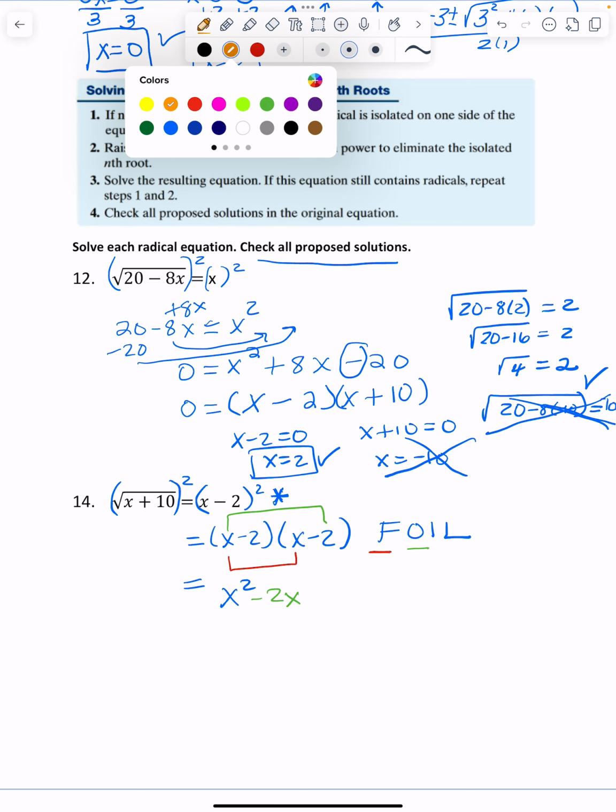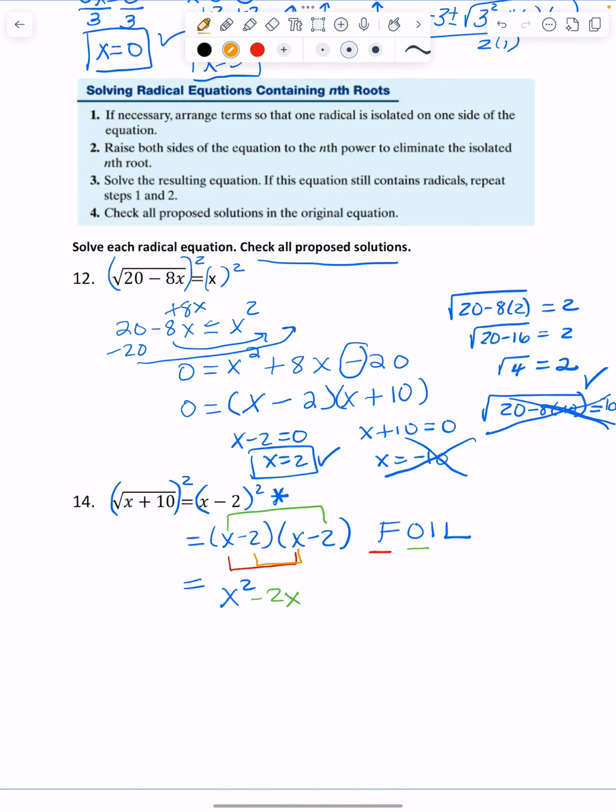My inside terms are here. I also get negative 2x. In my last term, negative 2 times negative 2, I get positive 4.